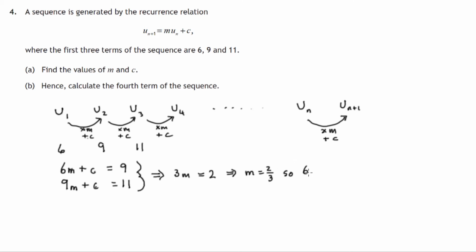Now let's replace m in equation 1, that's 6m plus c equals 9, by 2/3. So 6 times 2/3 plus c equals 9. So 6 lots of 2/3, that would be 8/3.